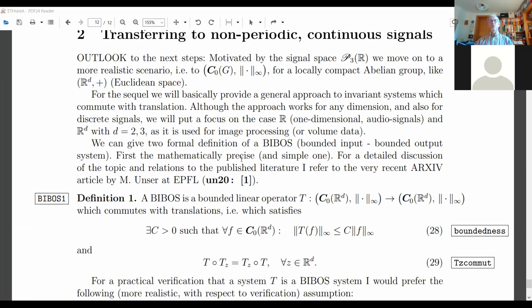I would claim that my course is covering the same topic, even with much less effort, in the sense that he is using Schwartz distributions and Lebesgue integration, whereas I try to do it in a completely naive and kind of abstract way with very concrete background, which hopefully will help you also to do numerical implementation.